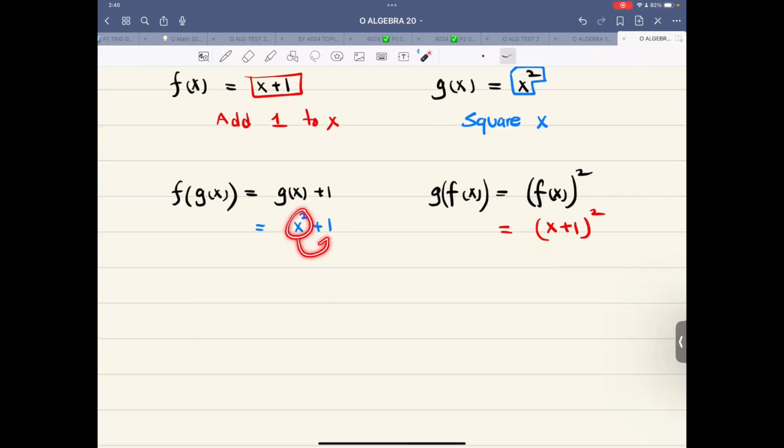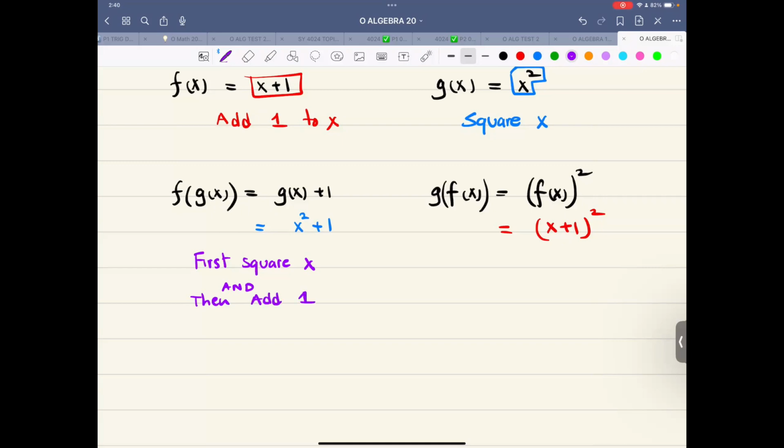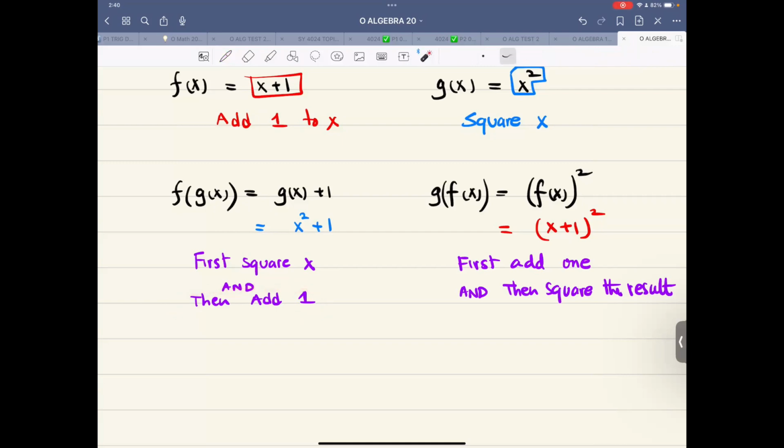Over here, first square x and then add 1. Over here, first add 1 and then square the result.